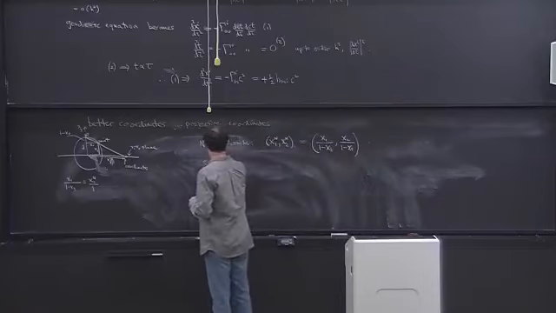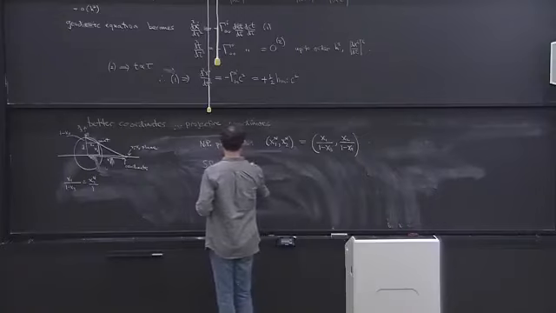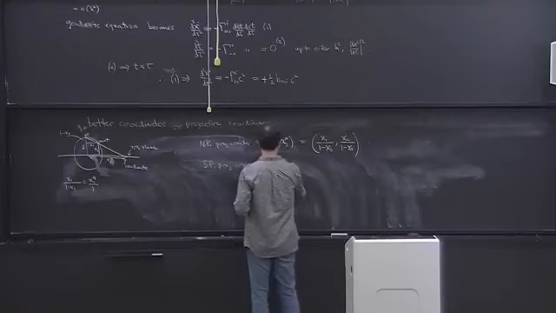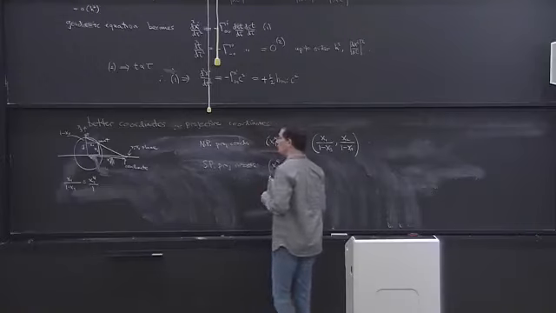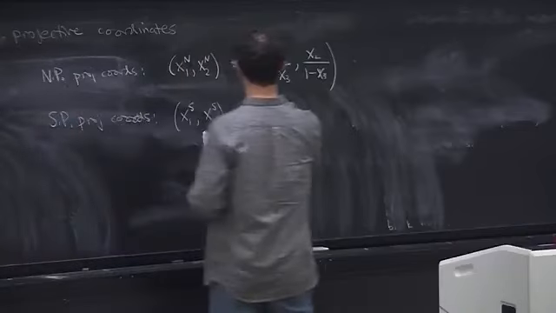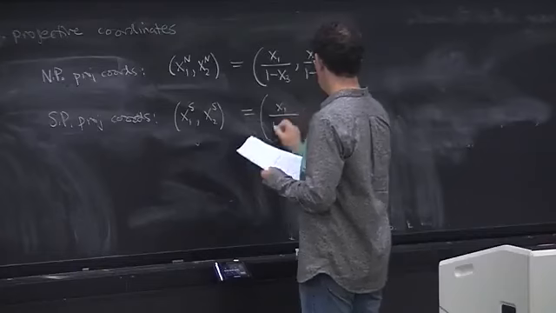And then South Pole projective coordinates are defined exactly the same way, x1s, x2s, but by projecting from the South Pole. You just replace the 1 minus x3 with 1 plus x3.